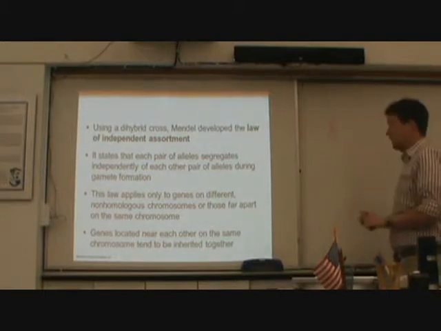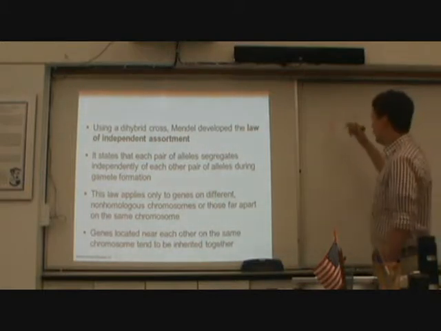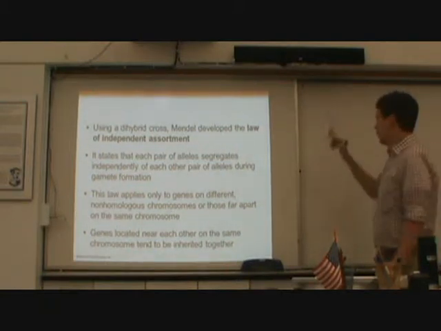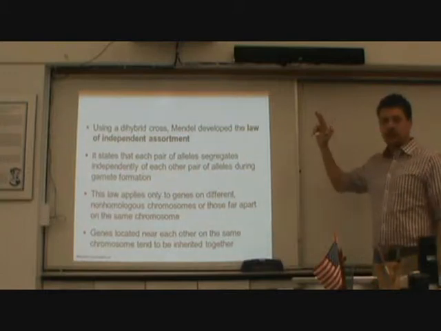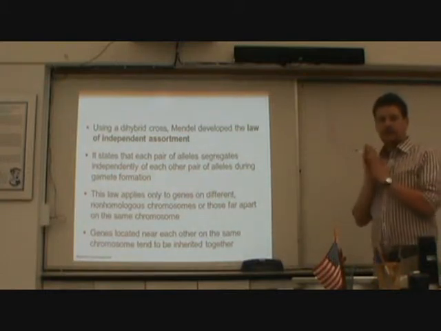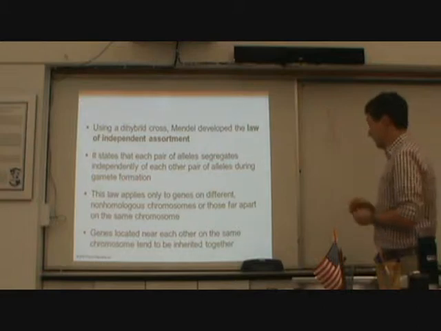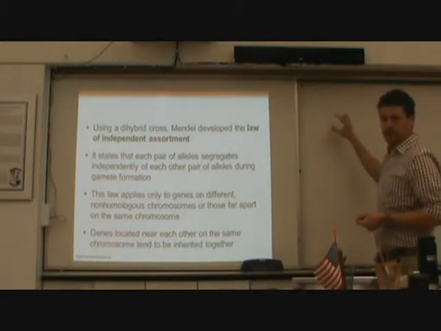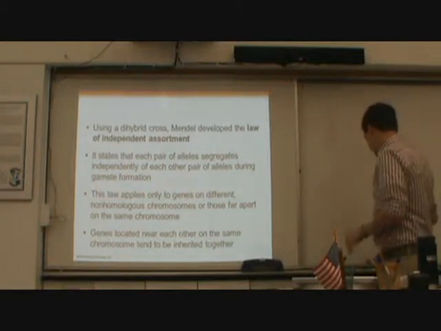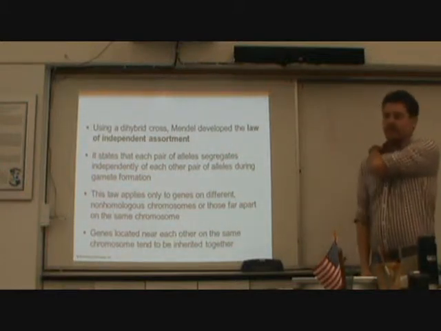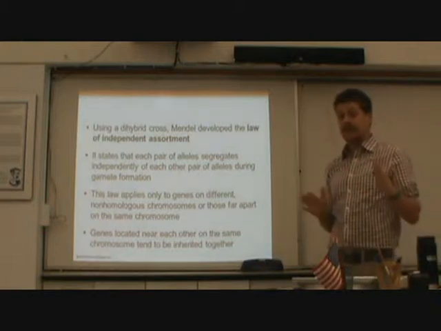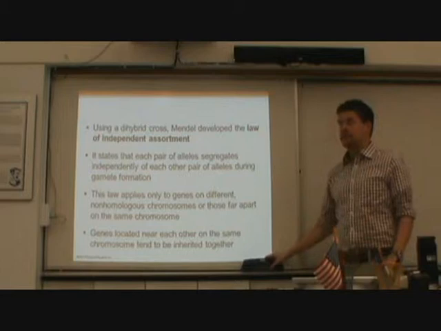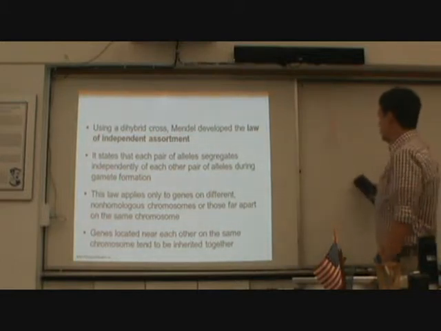If you had genes that were far enough apart from each other, say here and here, then there's a chance that crossing over will occur, and those might not end up in the same gamete. But if they're closer to each other, or if they are nearer to the centromere, then it's very unlikely they're actually going to separate. If they're on completely different chromosomes, it's much more likely that they will separate.